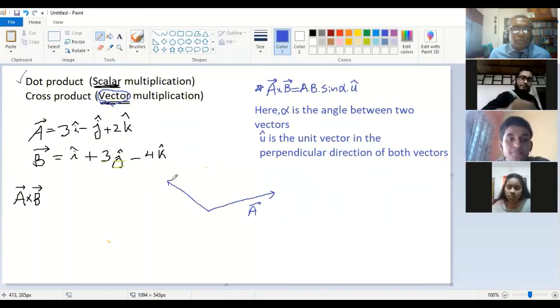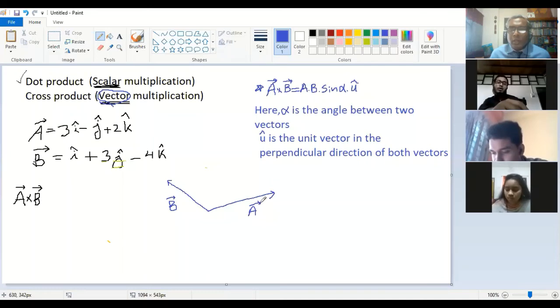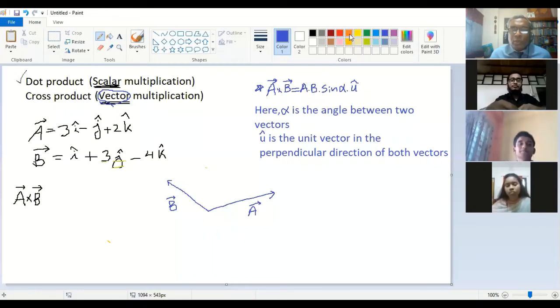If you draw these two vectors on one plane, say your page, the u vector will be perpendicular to both.